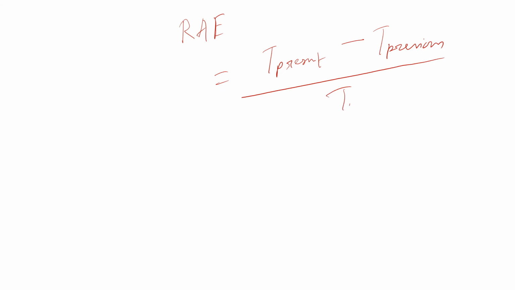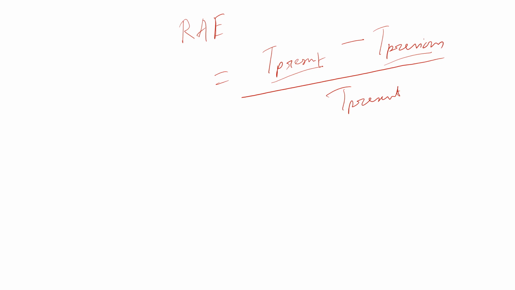So the formula of relative absolute error is T present minus T previous, divided by T present. This T present means the present iteration. After calculating the temperature of the present iteration, what is the T present? What was the T at previous?